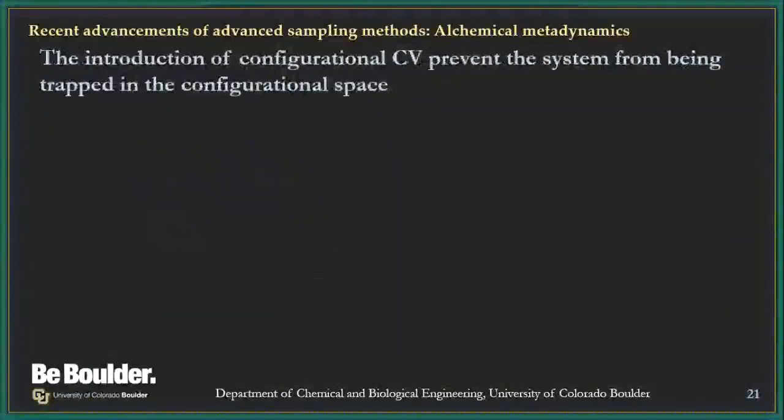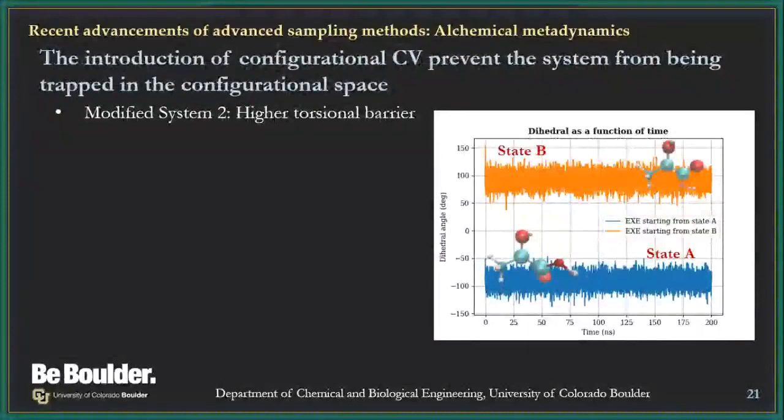So to further validate the efficacy of introducing a configurational collective variable in alchemical metadynamics, we also decided to design a system with an intermediate difficulty between system 2 and system 3. This system was made by modifying the original system 2, which has two torsional metastable states, as you can see in the figure.